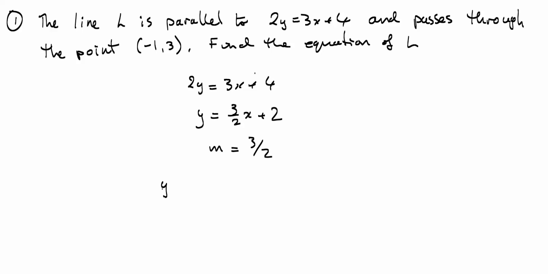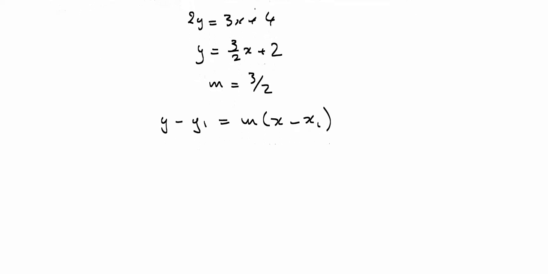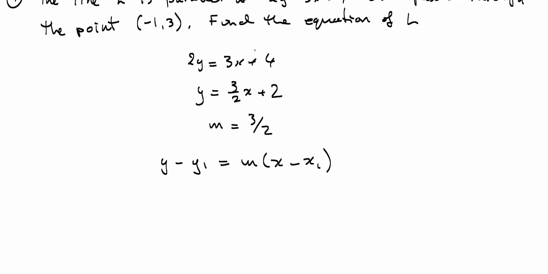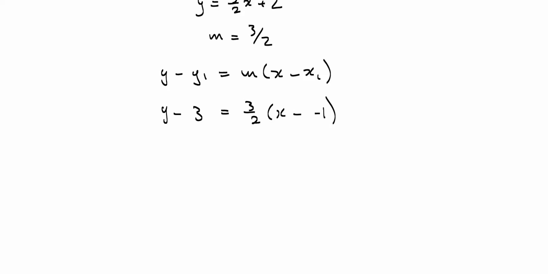To find the equation of L, we'll use y minus y1 equals m times (x minus x1), and substituting the values for x1, y1, which are minus 1, 3, and m is 3 over 2, we have y minus 3 equals 3 over 2 times (x minus minus 1). To simplify that, we have y minus 3 equals 3 over 2 times (x plus 1).